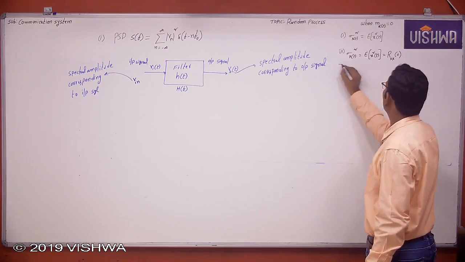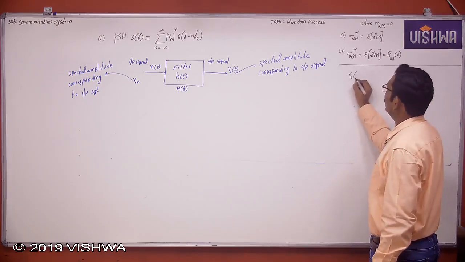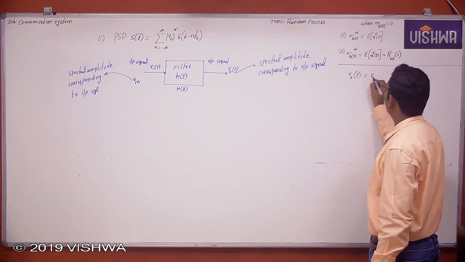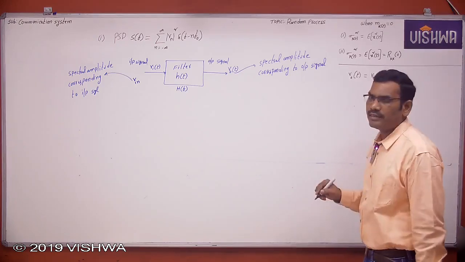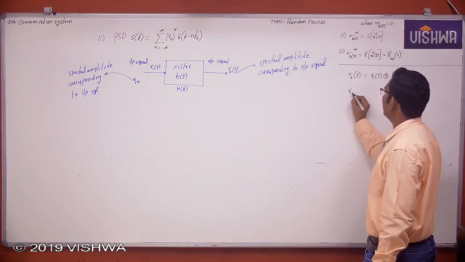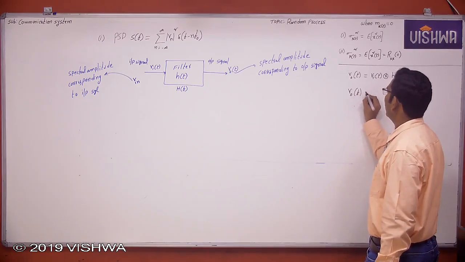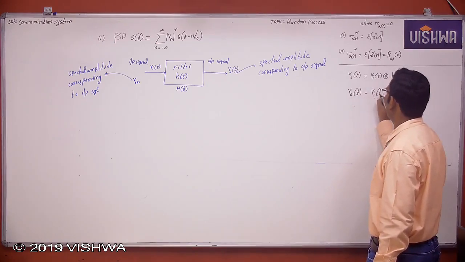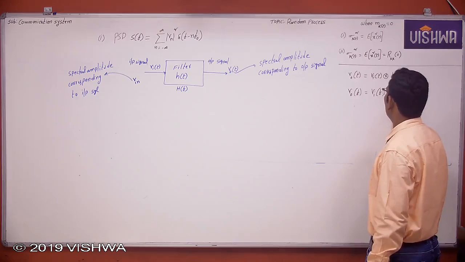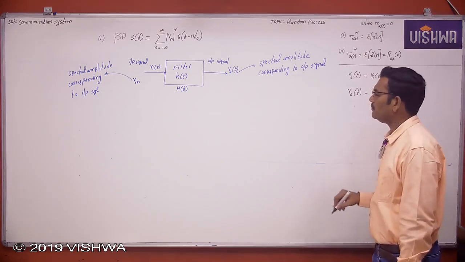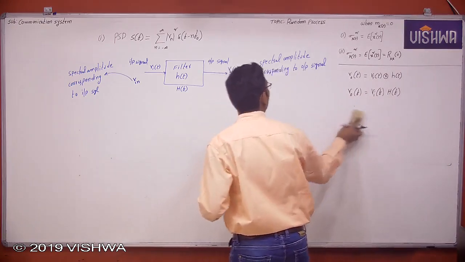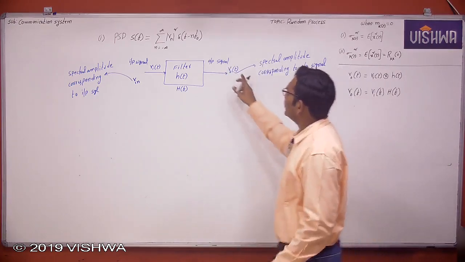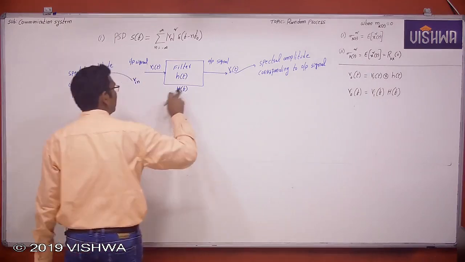Now V0 of t is equal to Vi of t convolved with h of t. This is convolution in the time domain, which is nothing but multiplication in the frequency domain, Vi of f into H of f. Now this is regarding the signals, but what about the spectral amplitudes?